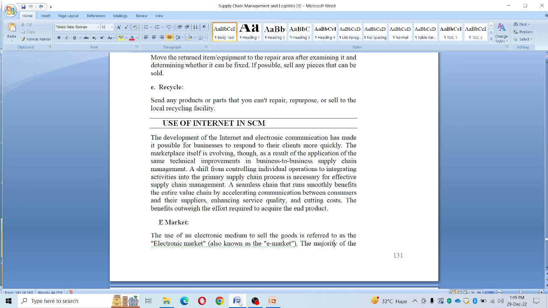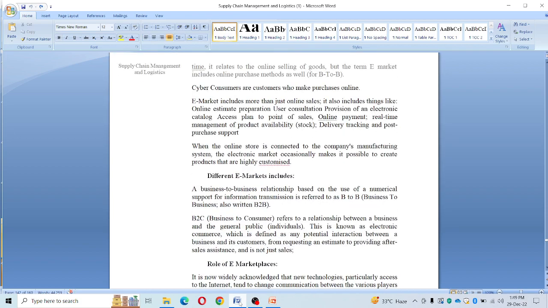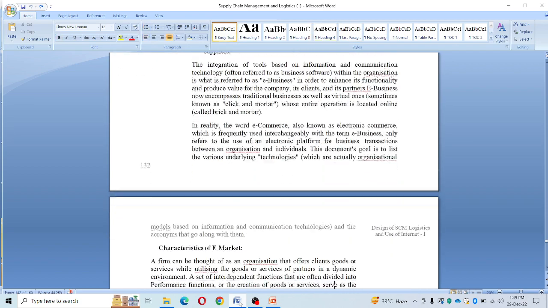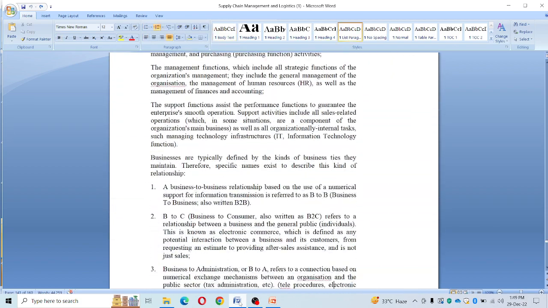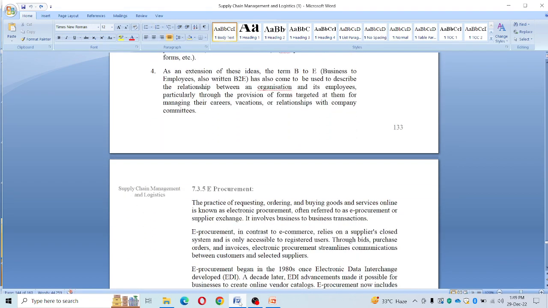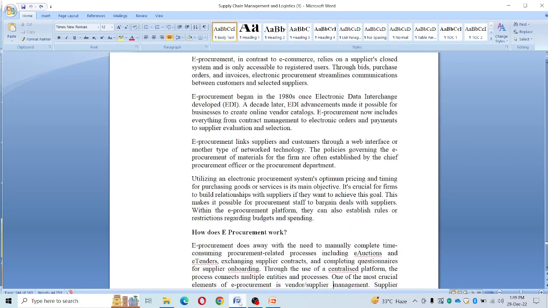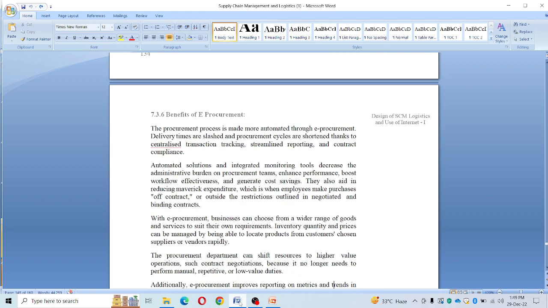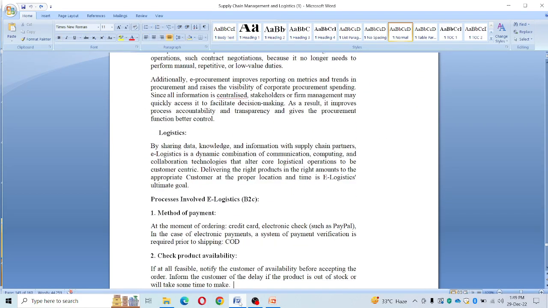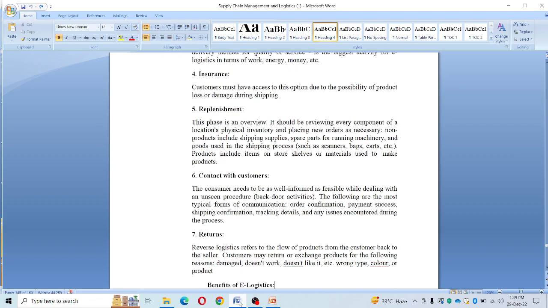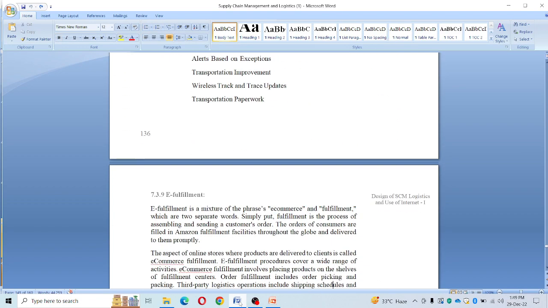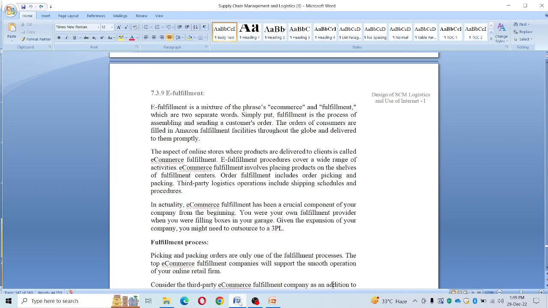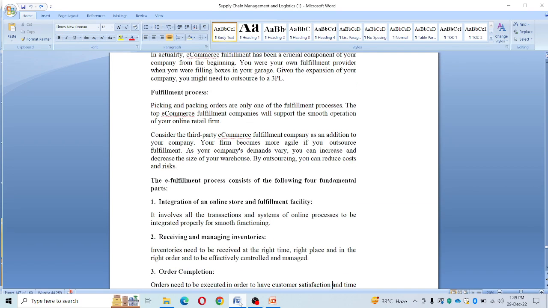So we need to understand what is e-market, what are the characteristics of e-market, what is e-procurement, what is e-fulfillment and e-logistics as such. So that will be done in the next lecture. E-fulfillment is also very important.